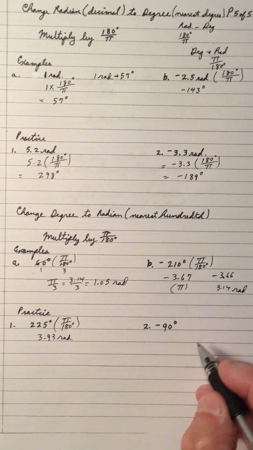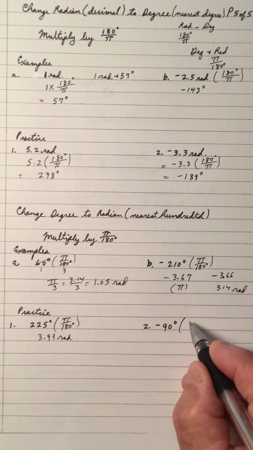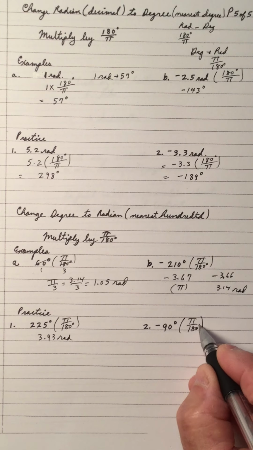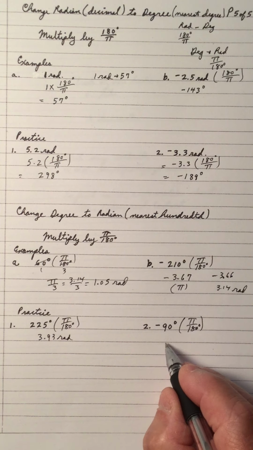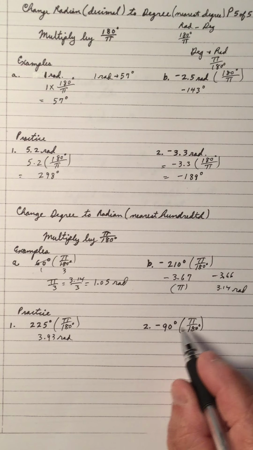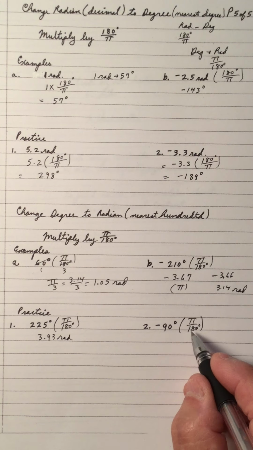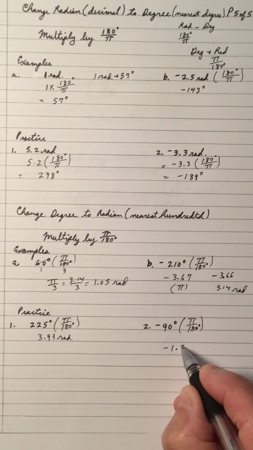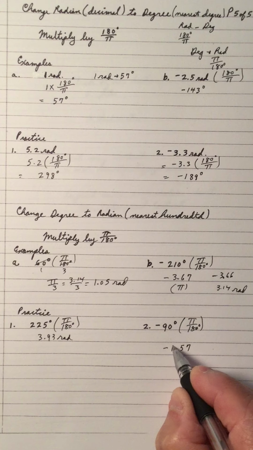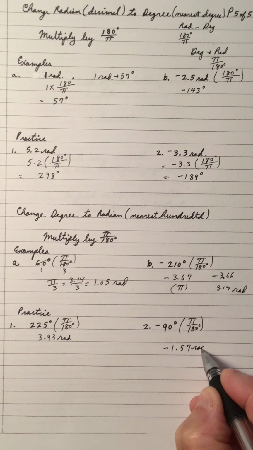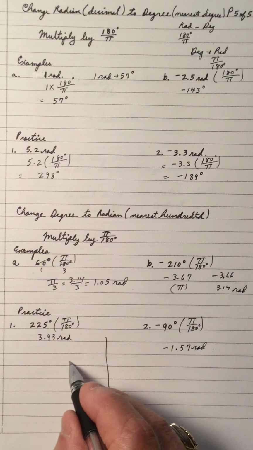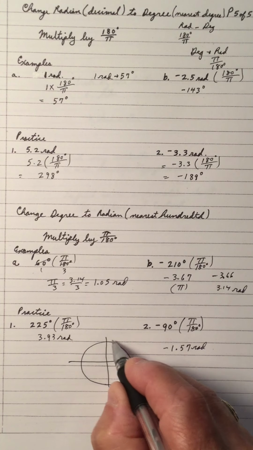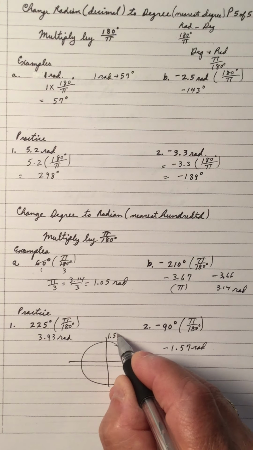These are radians. And number 2 multiplied by pi over 180, and we want it to the nearest hundredth, so we get negative 90 times pi divided by 180, you get a negative 1.57.